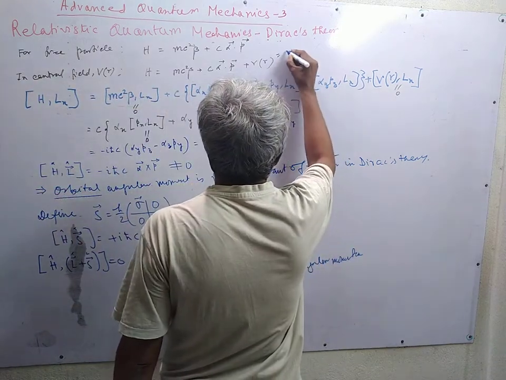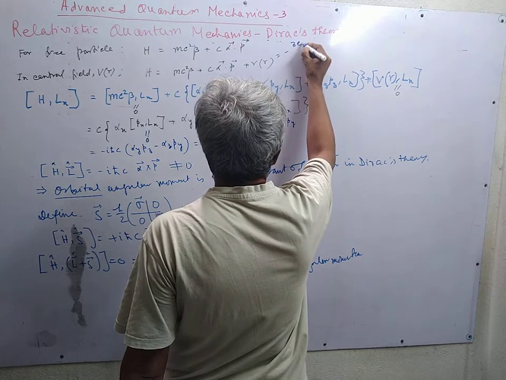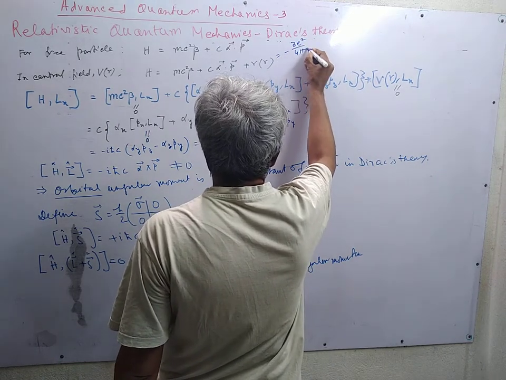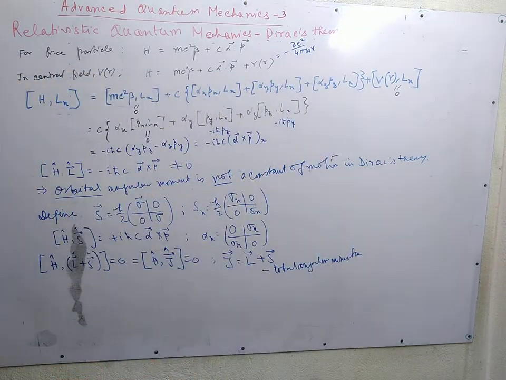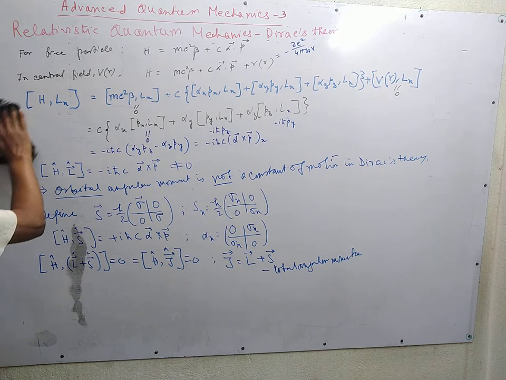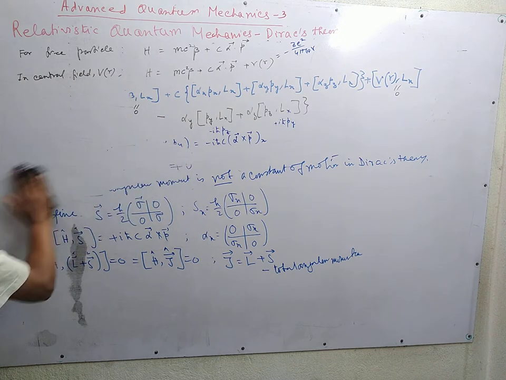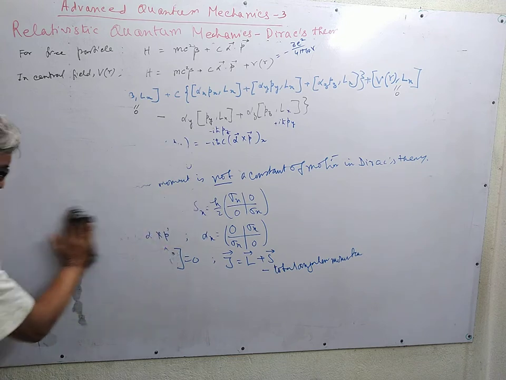For the hydrogen atom problem, this central potential is Z e square by 4 pi epsilon 0 r. We are not going into the theory, we shall just state the result.